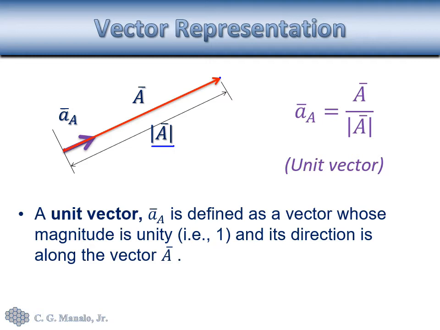So the vector quantity enclosed by two vertical bars, and the direction is represented by this, which is a unit vector with a length that is equal to 1. So the length of this is equal to 1, and a direction that has the same direction as the original vector quantity.